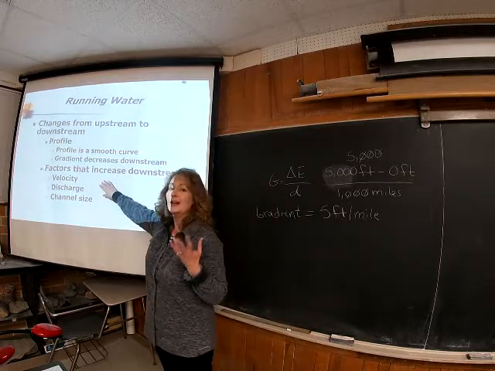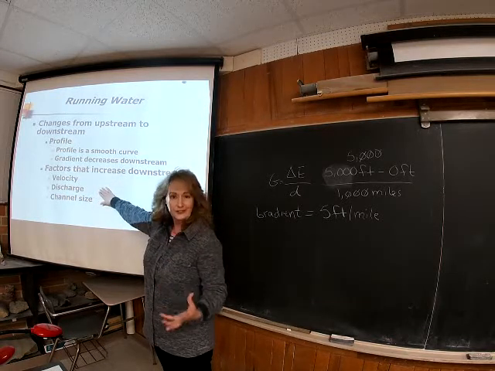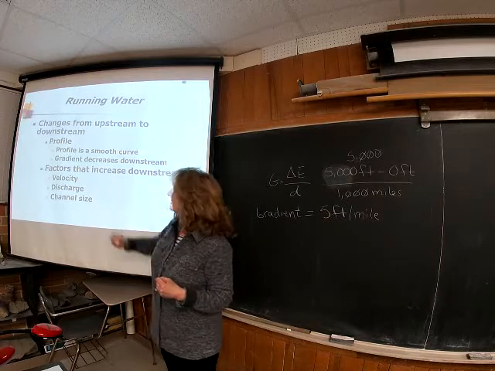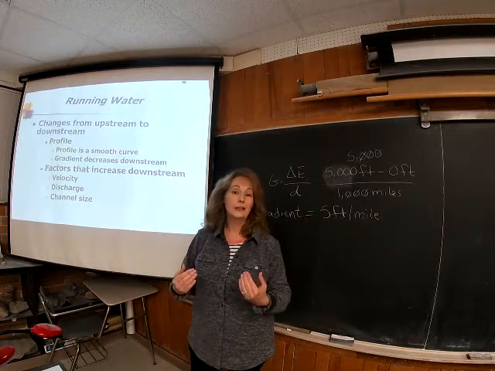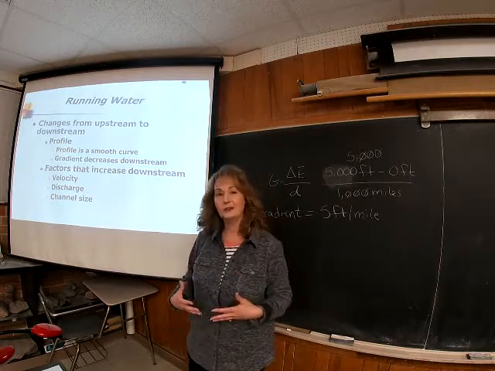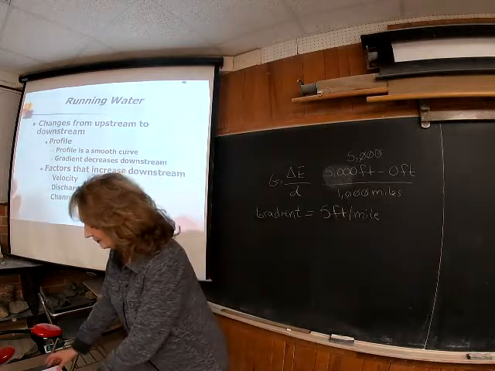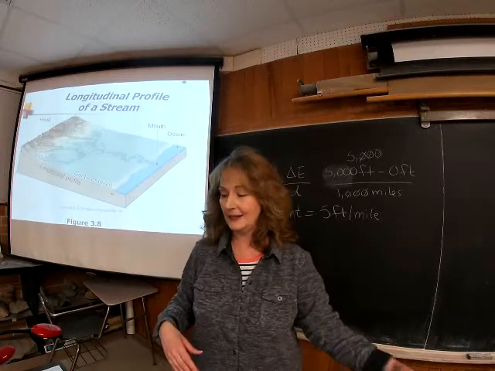Of course that is going to increase your velocity downstream. Your discharge, your volume of water, is going to increase downstream. And all of those ancillary little streams adding to the main channel will make your channel size larger as you go downstream, even though gradient is decreasing downstream.